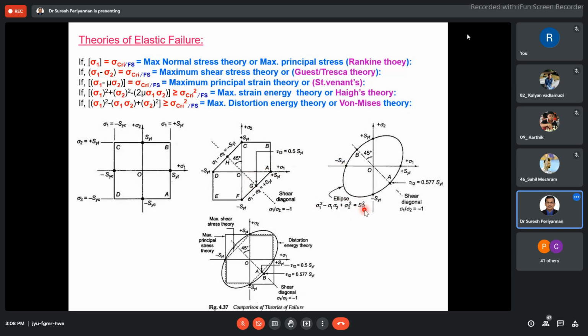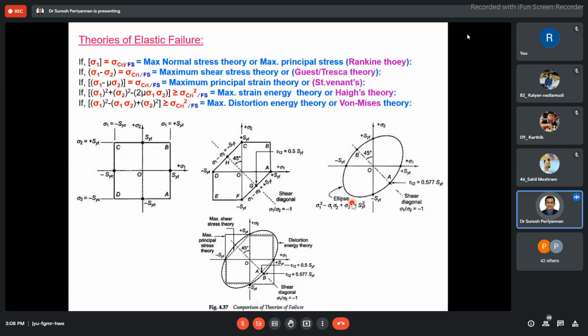We discussed this form in the von Mises theory, or maximum distortion energy theory. Here the maximum shear stress tau 12 is limited to 0.577 times SYT, the yield strength of the material. This theory is suitable for ductile material.